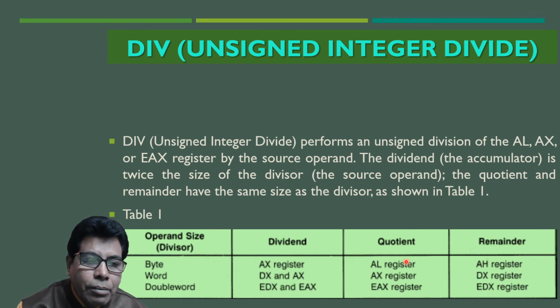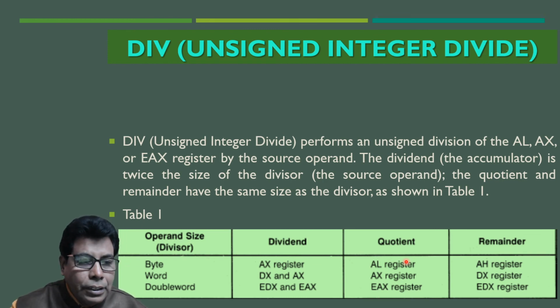The quotient and remainder have the same size as the divisor. Here you can see the table. If the operand size divisor is a byte, the dividend will be the AX register because it is 16-bit. The quotient will be in the AL register, which is 8-bit, and the remainder will be in the AH register, which is again 8-bit.